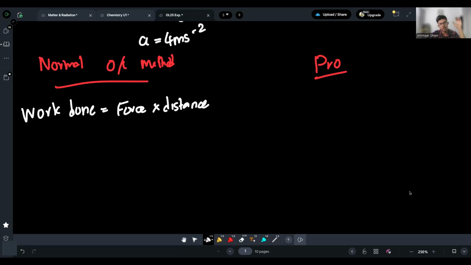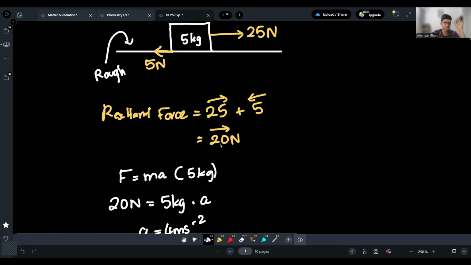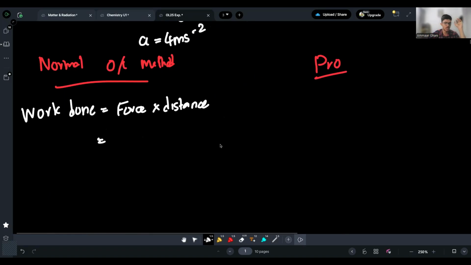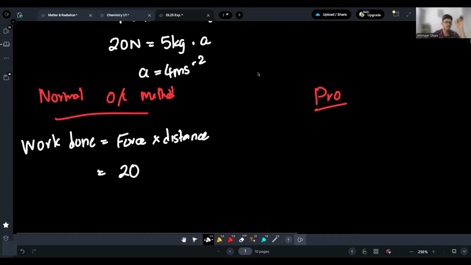Work done is an energy. What is our force? We have a resultant force of 20 Newton. And in the question they tell us the distance is 8 meters. So we get 160 Newton meter here, which is the work done on the object.